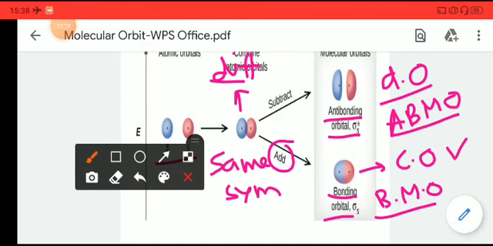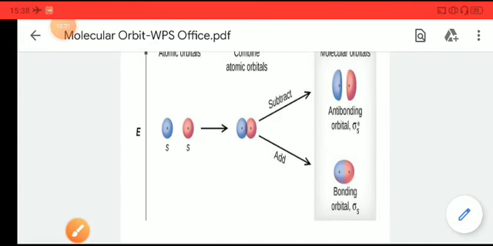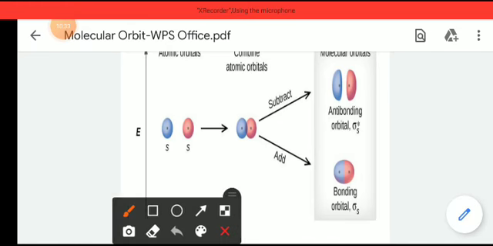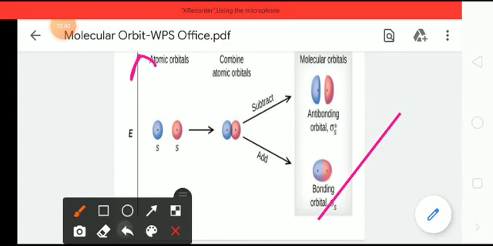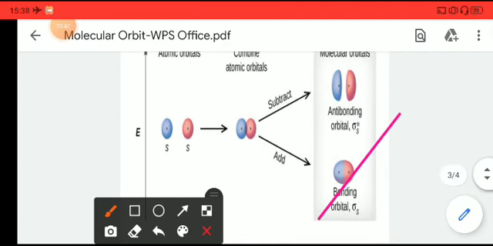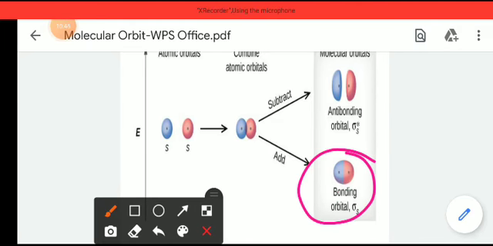And remember one thing, the energy of the bonding molecular orbital will be lesser. Here you can see the energy curve. The bonding molecular orbital has less energy, so more stability.